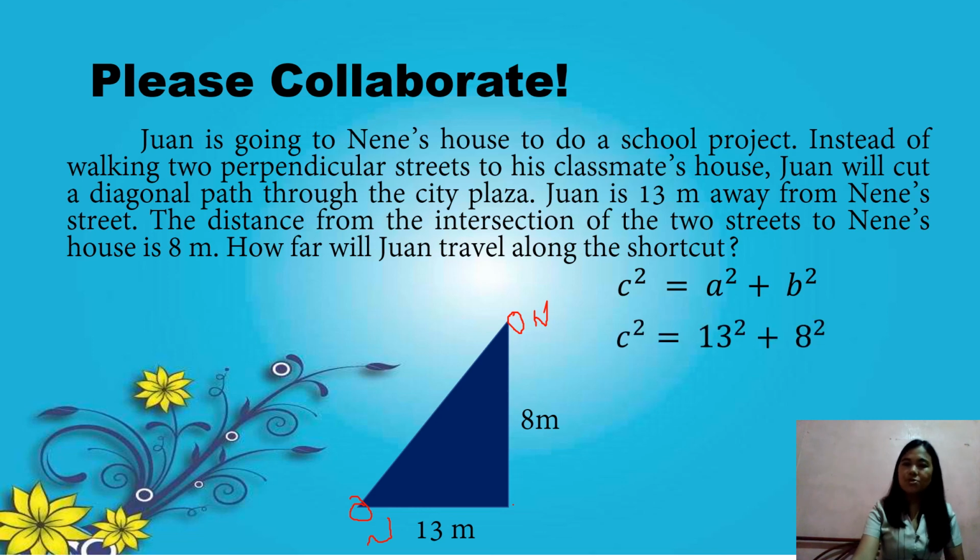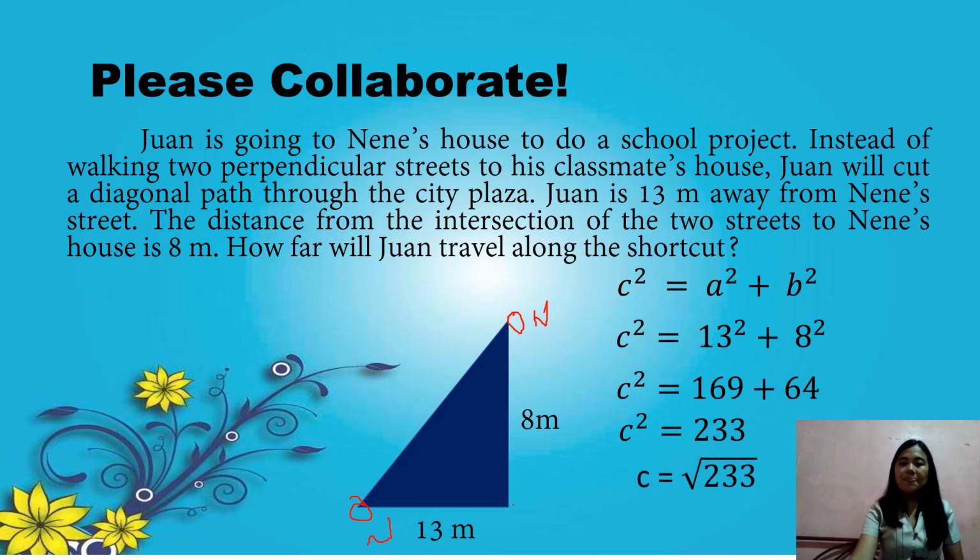By substitution, we have 13 squared plus 8 squared equals 169 from 13 squared and 64 from 8 squared. So, adding them will give us 233, and then we take the square root. It's already simplified. So, therefore, the final answer is the square root of 233 meters.